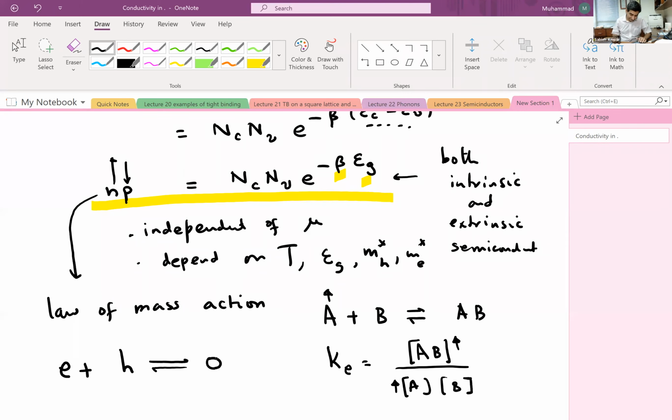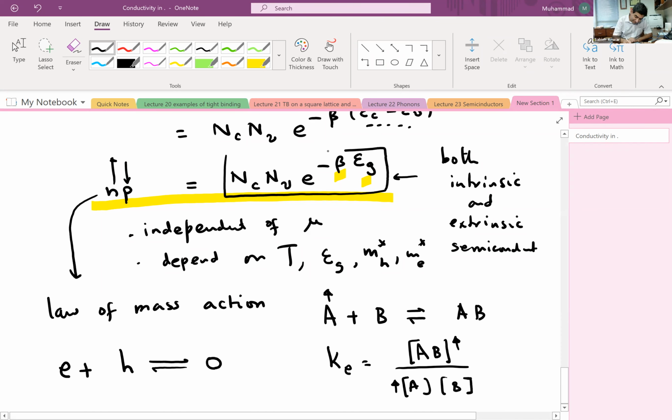The number of holes is also going to go down if there are more electrons. In fact, if you look at the left hand side of this relationship, it is really the rate of recombination. The rate of recombination depends upon the concentration of holes and the concentration of electrons.